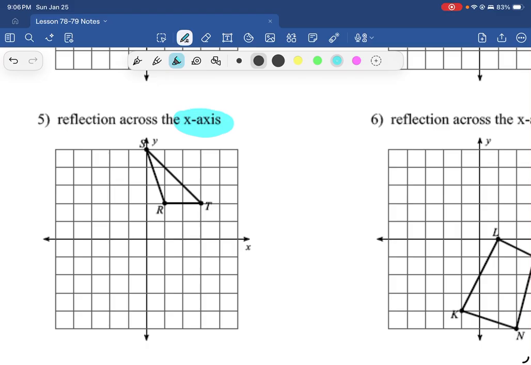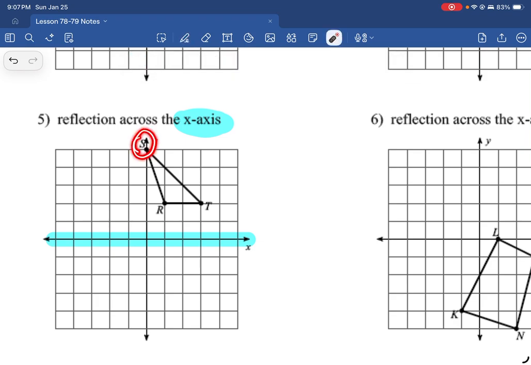A is located at -3, -1. Notice how we put y in the front. So see how our y is -1. That will go in the front.